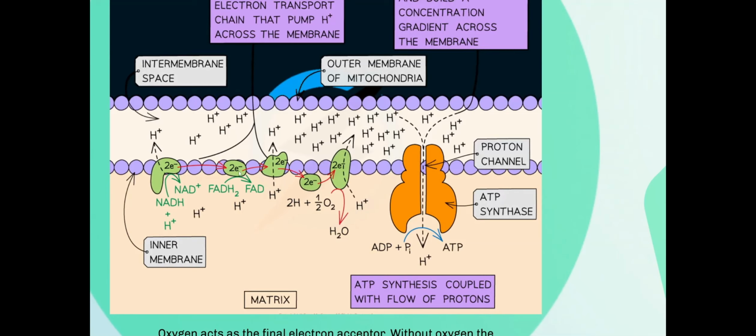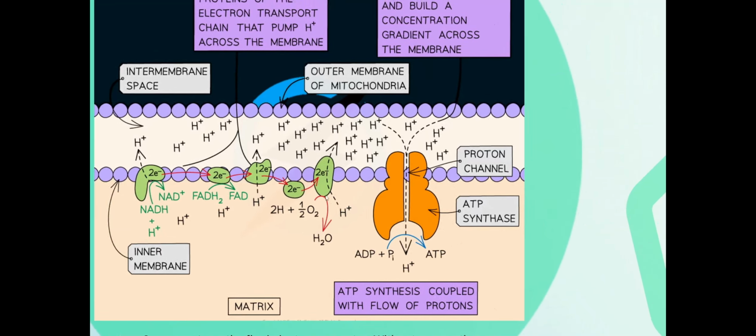This energy released by the electrons is used by the hydrogen protons to be pumped from the matrix, where they're already present, into the intermembranal space. These protons go into the intermembranal space by facilitated diffusion.